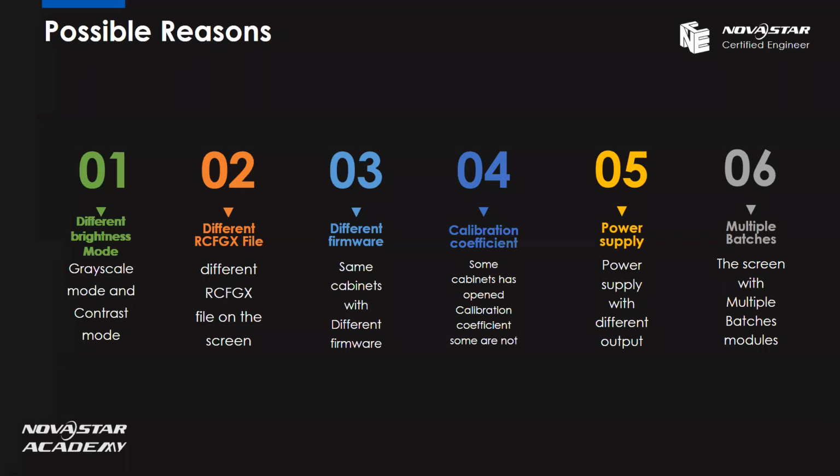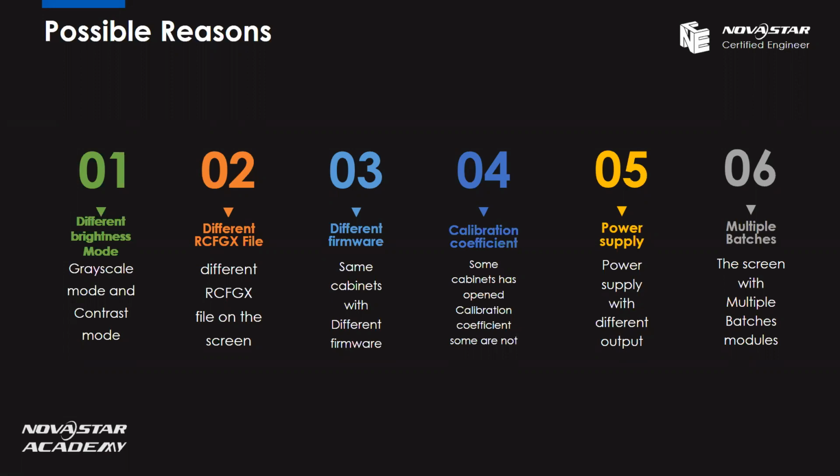The second possible reason is different RCFGX files. If we want our cabinet to work normally, we have to use the correct RCFG file. So if your cabinets are working with different RCFG files, that will cause different brightness.